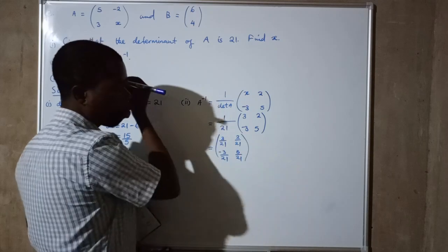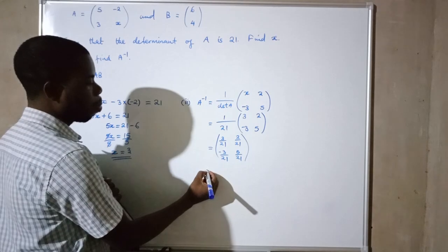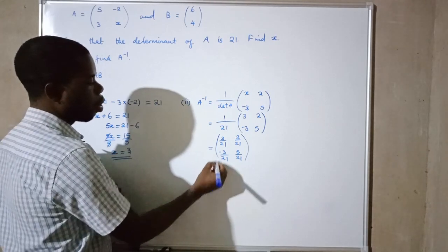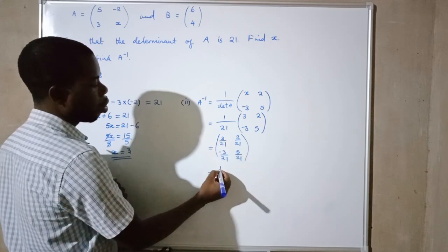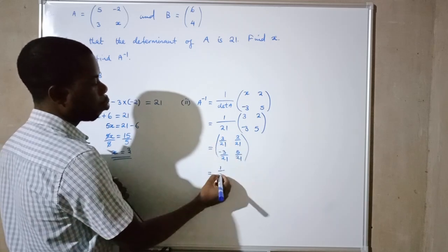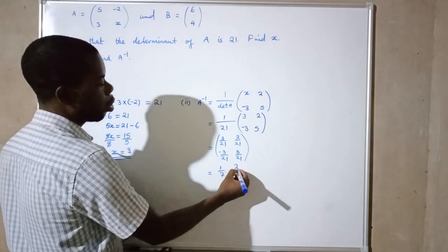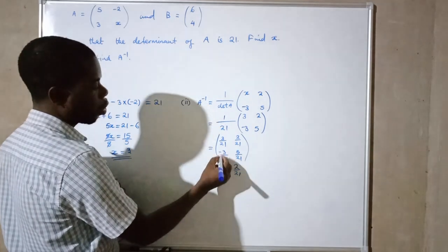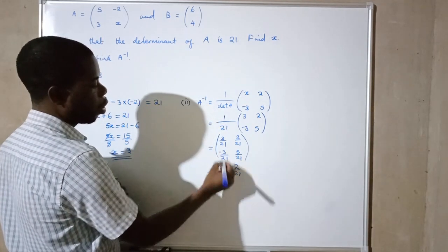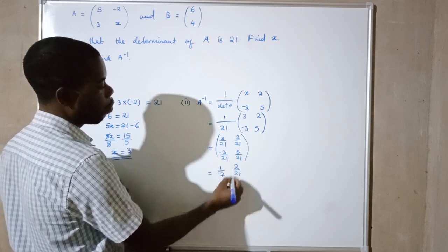If you want, you can leave your answer here, that is the inverse. Or now you can say 3 into 3, 1, and 3 into 21, 7. This one you can't reduce, you leave it the way it is, 21. Then here, negative 3 into 3, 1, and 3 into 21, 7, so put 7.